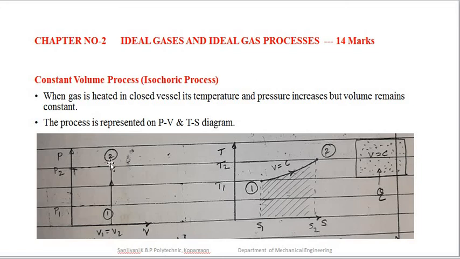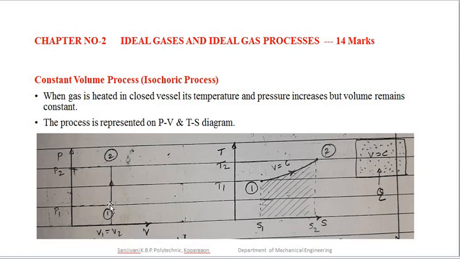This is the actual process we have drawn by plotting these two points, the initial state point and the final state point. Then we join them by a line or a curve, and that is the process curve. Whenever state points are joined by a line or a curve, that becomes the representation of the process.